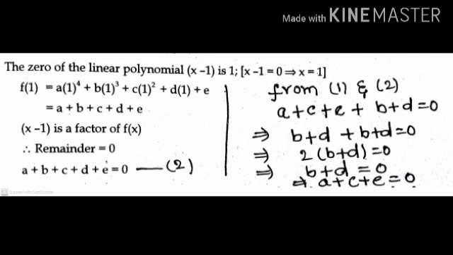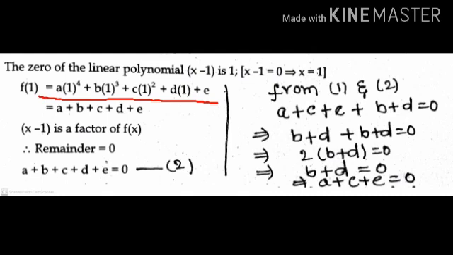The zero of the linear polynomial x - 1 is 1. Since x - 1 = 0, that implies x = -(-1), the -1 moves to the right side and becomes +1. Now substitute 1 for x, that is f(1) = a(1)⁴ + b(1)³ + c(1)² + d(1) + e.